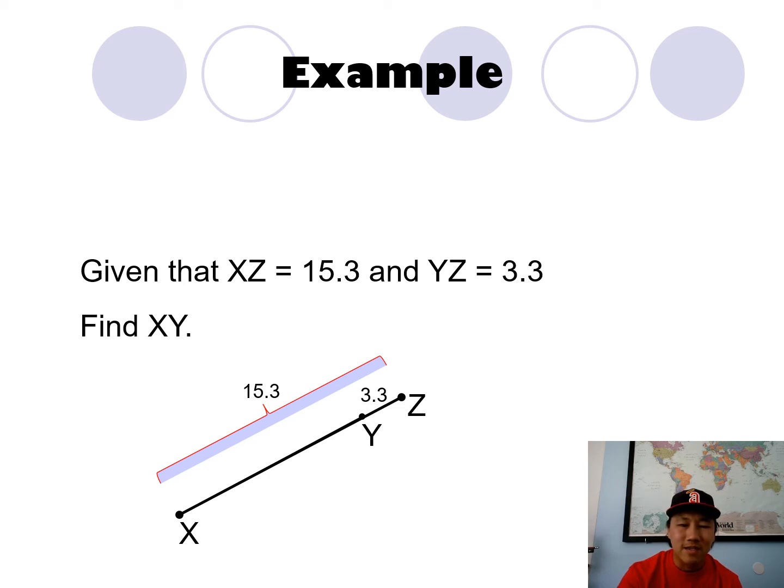You have to find the distance from x to y. Most of you guys can figure it out. You just have to subtract 15.3 minus 3.3 and you should get 12. Pretty easy, nothing too tricky.